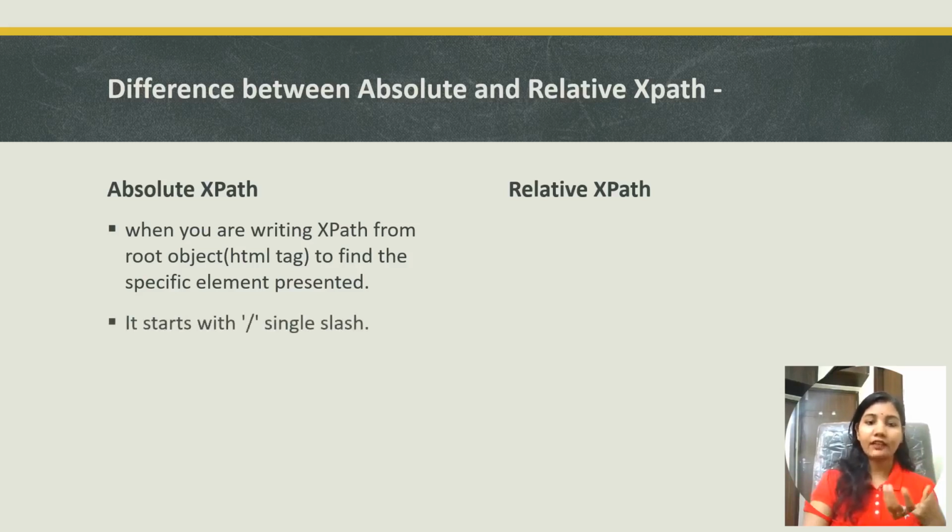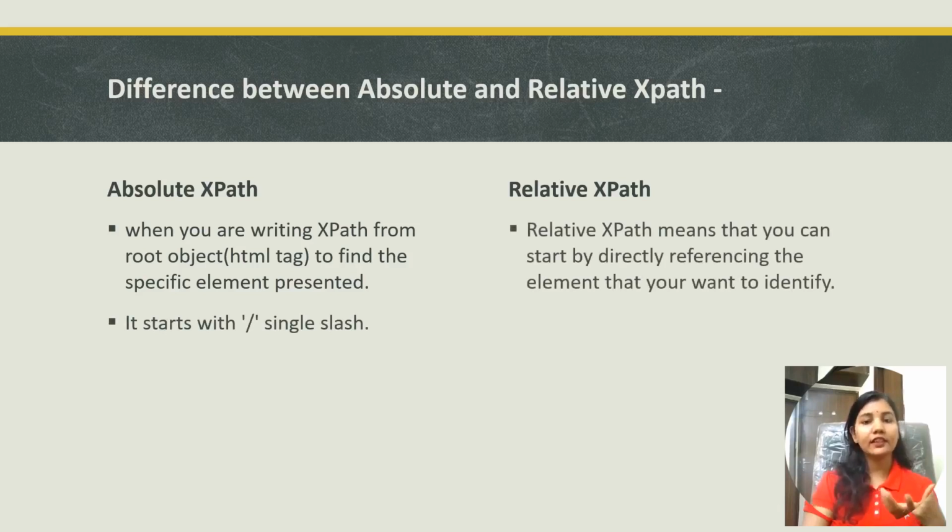And this starts with a single slash, and relative XPath means that you can start by directly referencing the element that you want to identify. So basically you can directly jump to that particular tag where your element is present. It starts with a double slash.